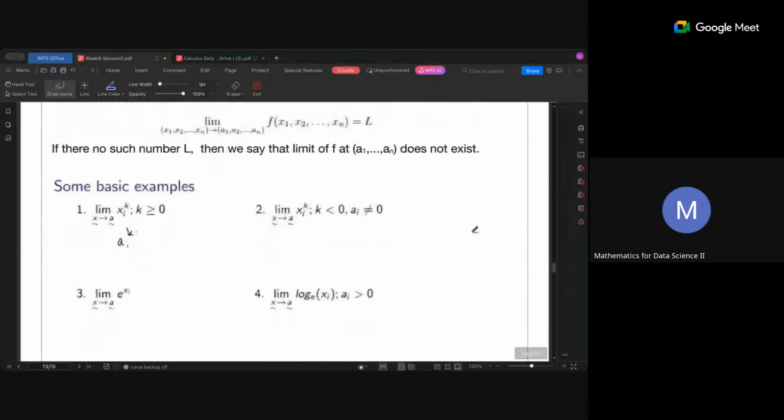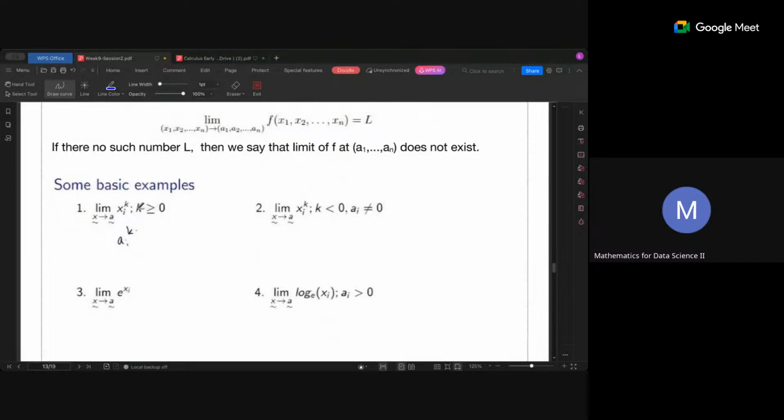Now you have these basic examples, you know the power rule for limits of functions, right? So this limit is a_i to the power k. For k greater than or equal to 0, this applies. For k less than 0, will the same apply?